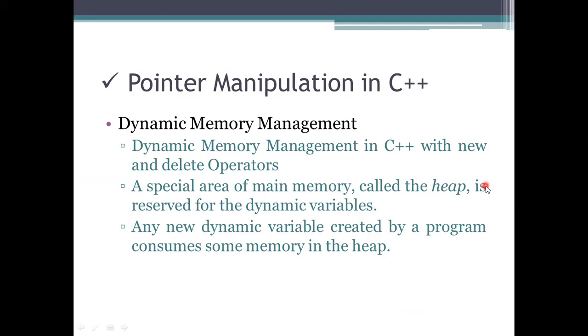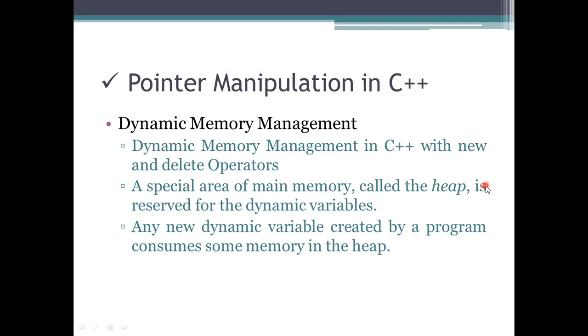How they are allocating the nodes or how they are releasing the nodes, in the previous sessions we have seen that linked lists allow the programmer to be free of allocation, meaning at any time they can insert a node, and at any time, at any node, before or after the node, they can delete the node.